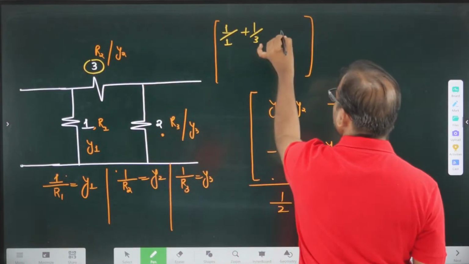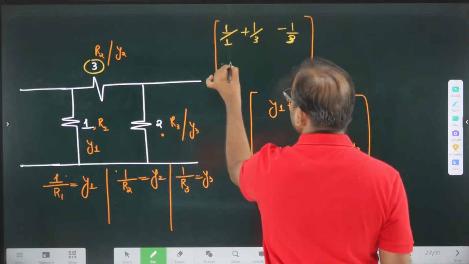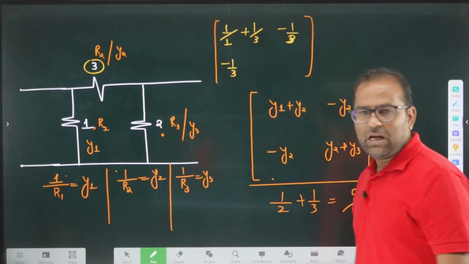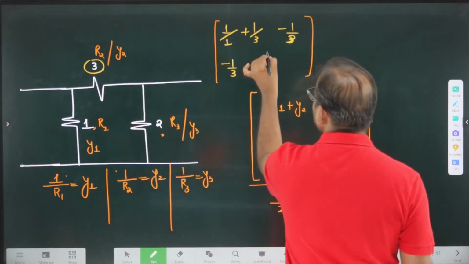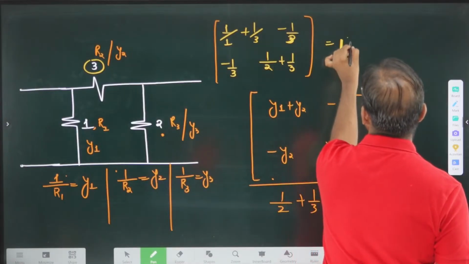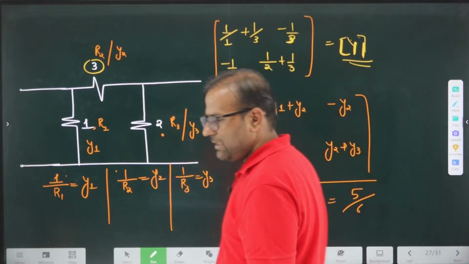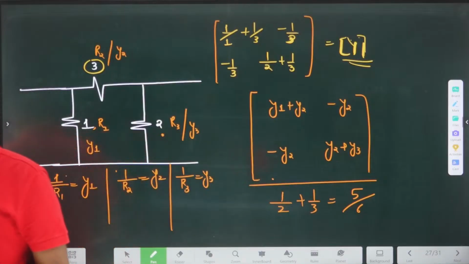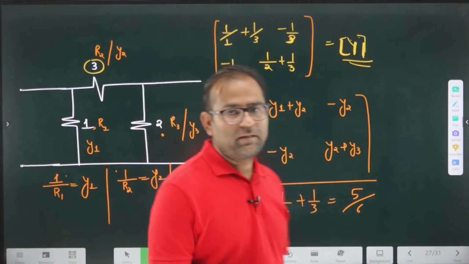Because this is a resistive network, this value is minus 1 by 3, and this value is also minus 1 by 3. It will satisfy the reciprocity theorem. And what is the value of y22? This value is 1 by 2 plus 1 by 3. You can write the y parameter directly for this network. You don't have to calculate it again and again. I hope this is clear.